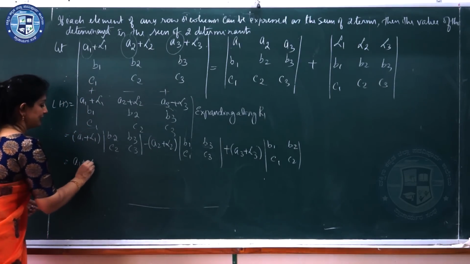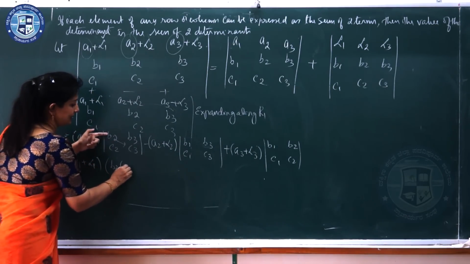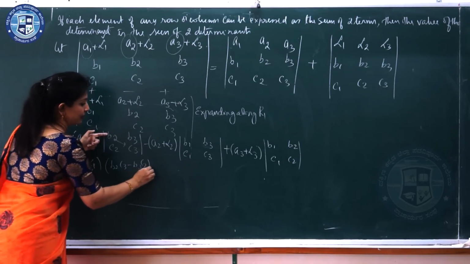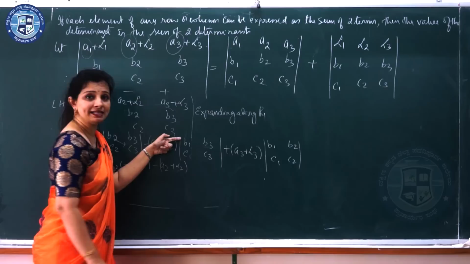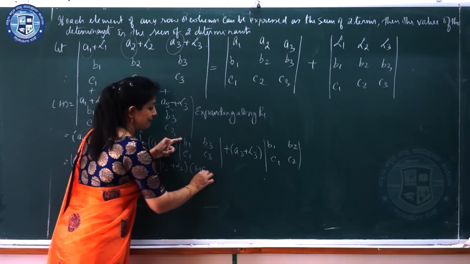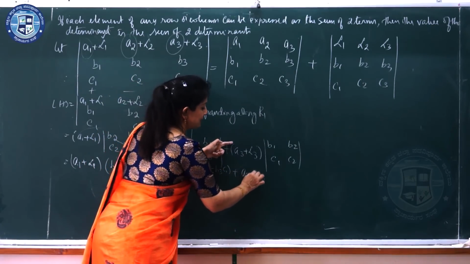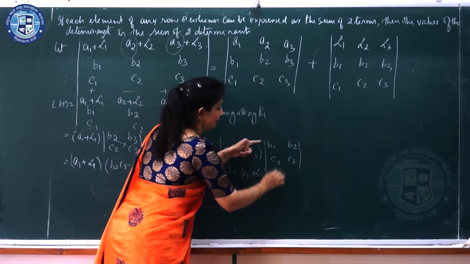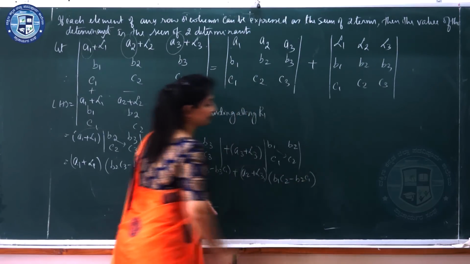In the next step we write alpha 1 into, cross multiplying, B2 C3 minus B3 C2, minus A2 plus alpha 2 into B1 C3 minus B3 C1, plus A3 plus alpha 3 into B1 C2 minus B2 C1.